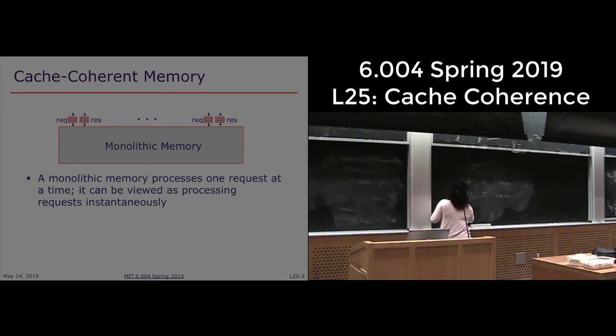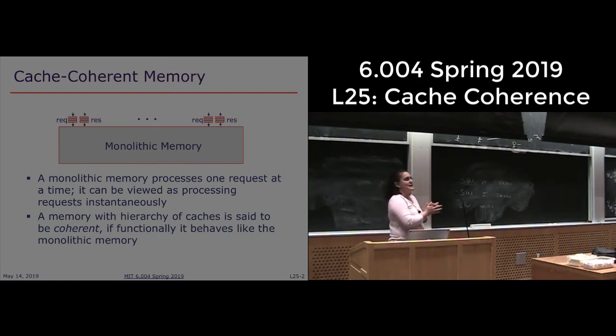And then let's say that I do a load of this address. What it means to be cache coherent is that if that is the sequence in which the memory accepted the store and load requests, then it must be the case that what it returns to this load is a 5 and not a 10.